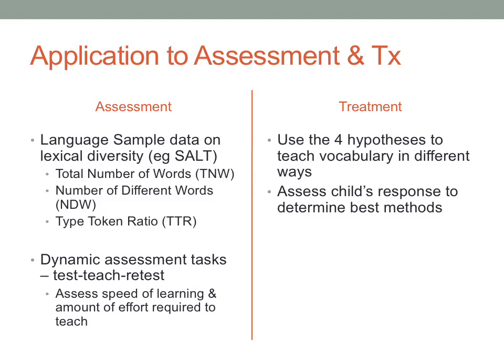So if you have a sample of 35 utterances or a sample of 100 utterances, you may actually get a very different type token ratio number, but that doesn't necessarily indicate that there's a disorder or not a disorder. So number of different words would be the key data point to look at to understand lexical diversity.